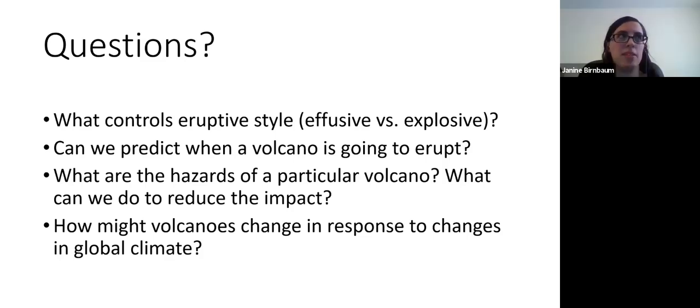Sure. So I mentioned that people have died during lava flows, not in the US, but in other places, lava flows have killed people. People do die in eruptions in the US as well, but not usually from lava flows. In terms of what we can do, that's a really hard question because volcanoes are really big and their products are really hard to deal with.